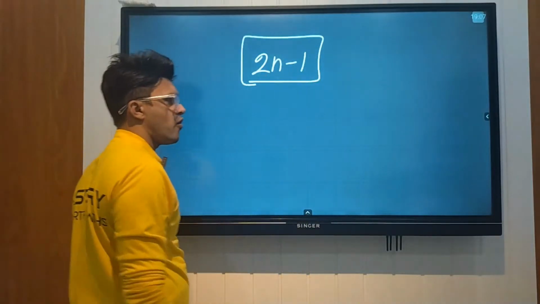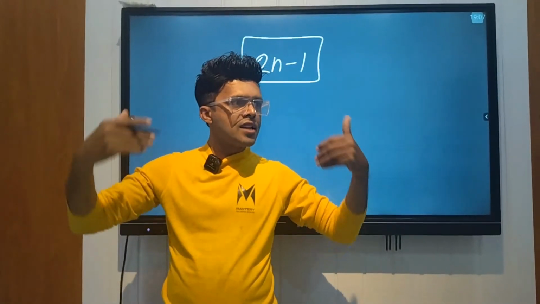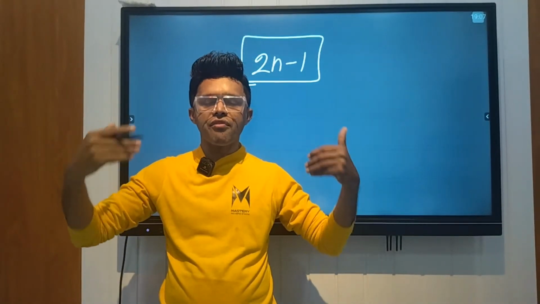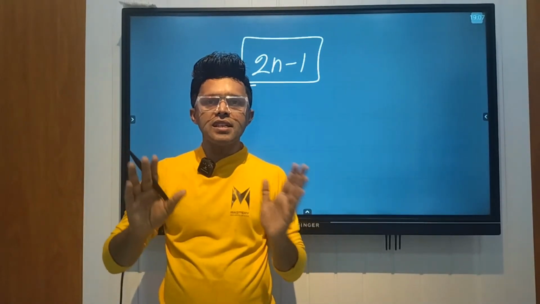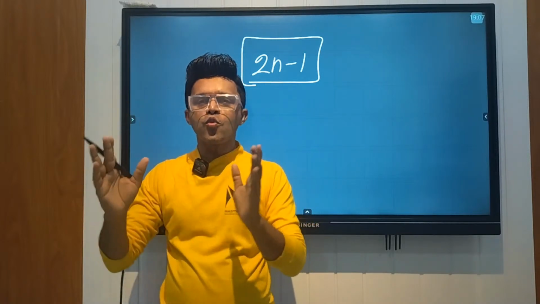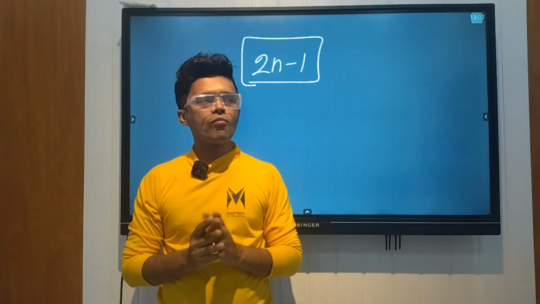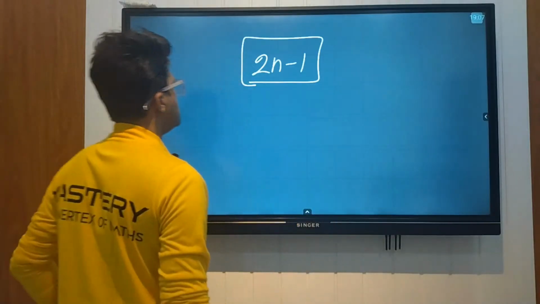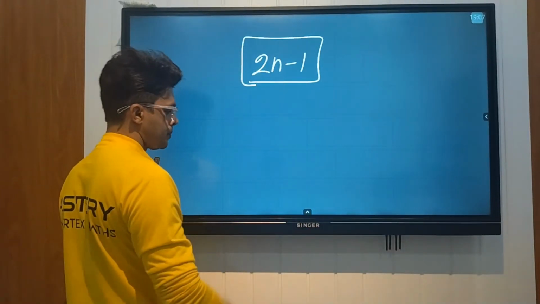We are doing the first lesson of grade 8, number patterns. If you are asking me the reason for writing simple n here, really this is the way of writing a general term. Simple n is used to write a general term generally. So this is the general term of odd numbers.